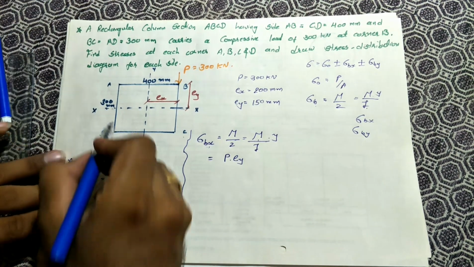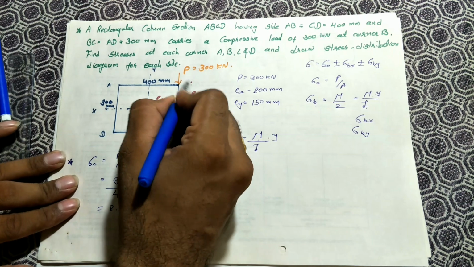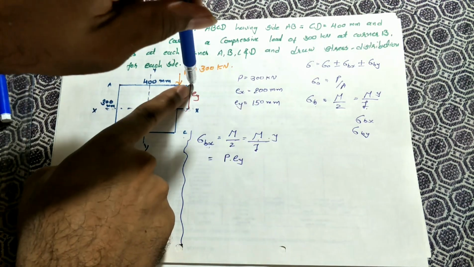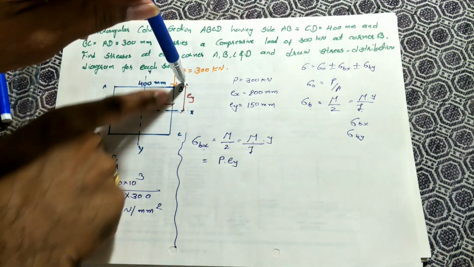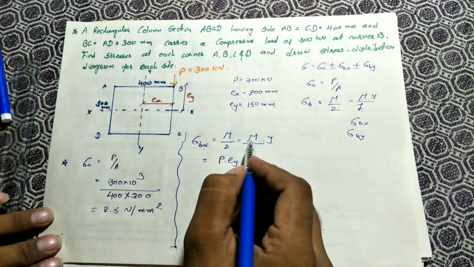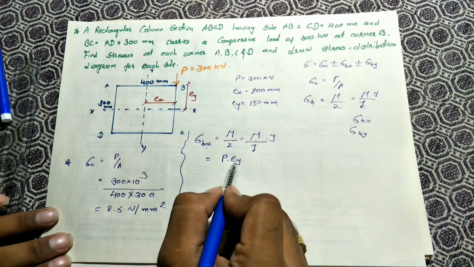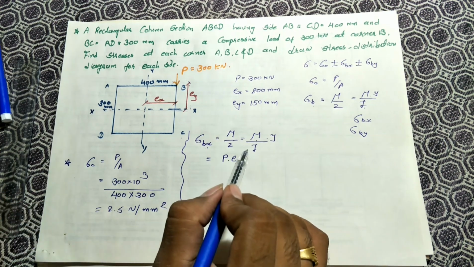This force we are calculating for the x axis, and this is the distance and this is the force. So this force into this perpendicular distance. This is a confusing portion in this numerical, a little bit confusing.